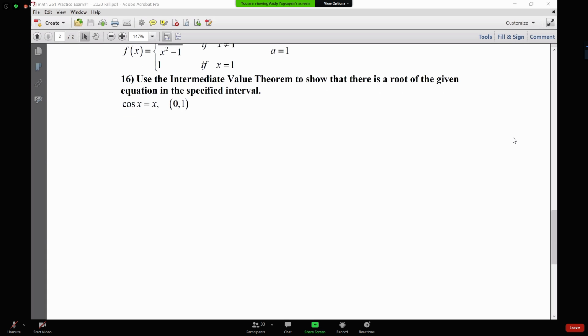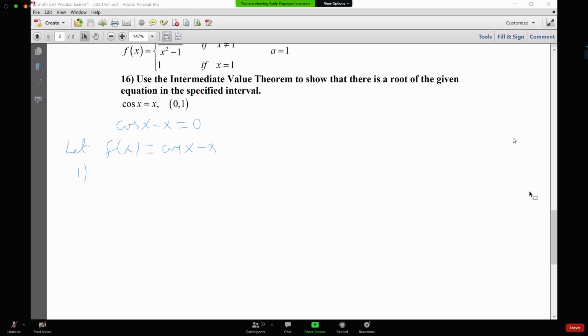Now, cosine x equals x. Move to the left-hand side. You get cosine x minus x equals 0. Now let f of x be the cosine x minus x function.